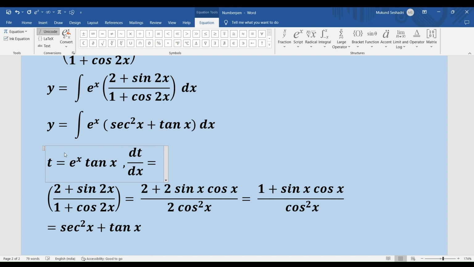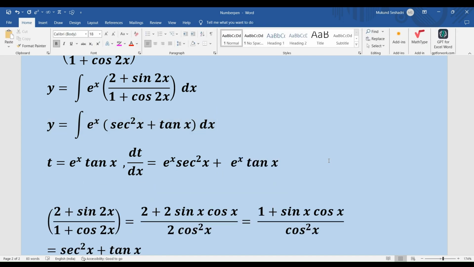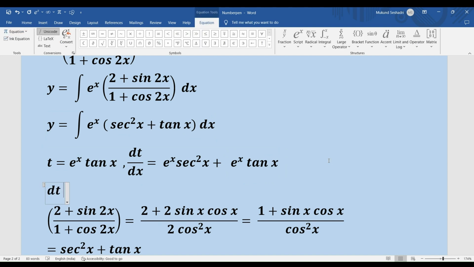I get a dt by dx equals, I apply the UV rule, the product rule of differentiation, and I will get e to the power x times secant square x plus e to the power x tan x, right? That's my dt by dx, and therefore, what is my dt? My dt is nothing but e to the power x times (secant square x plus tan x) dx, right?